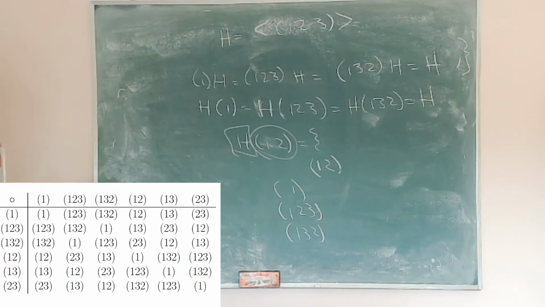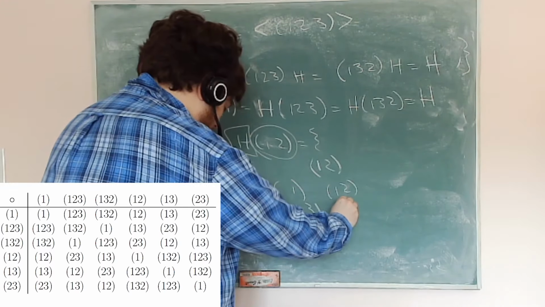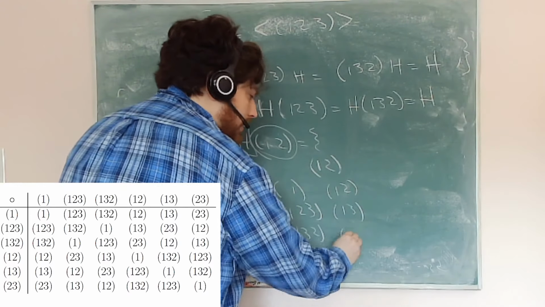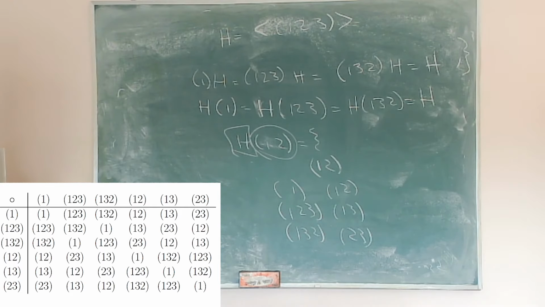If I write these down from my list, I get (12), (13), and (23). I'm just copying those right from the Cayley table I already have.